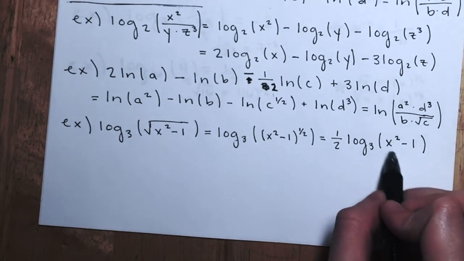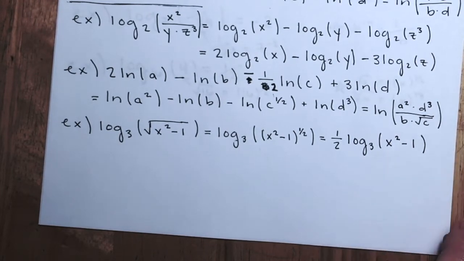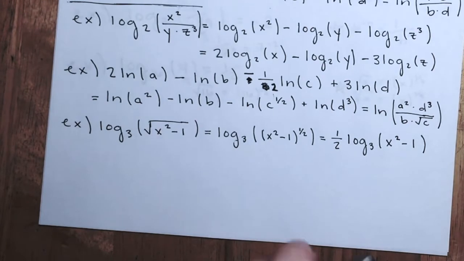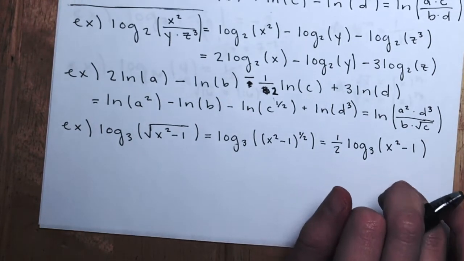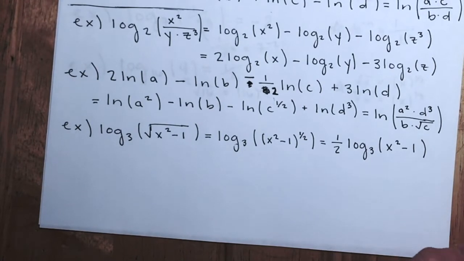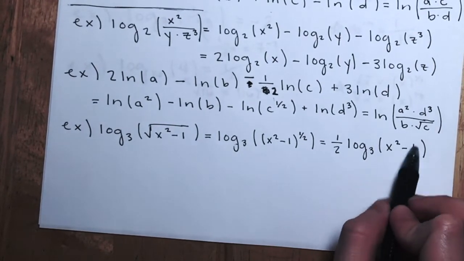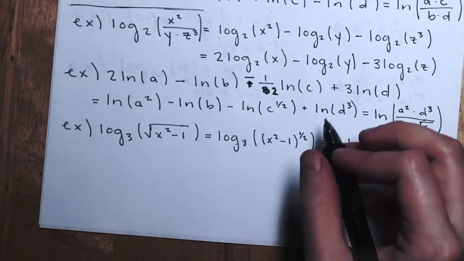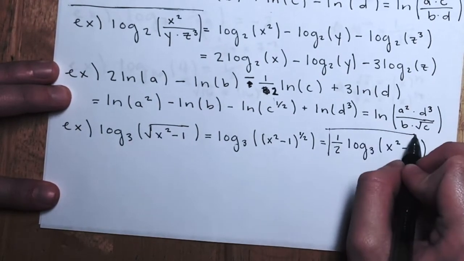We cannot turn subtraction on the inside into multiplication or division outside. Remember, we have to be multiplying on the inside or dividing on the inside, and then that becomes addition or subtraction, respectively, on the outside. But because we're subtracting on the inside, we can't do any more simplification. So this is the answer.